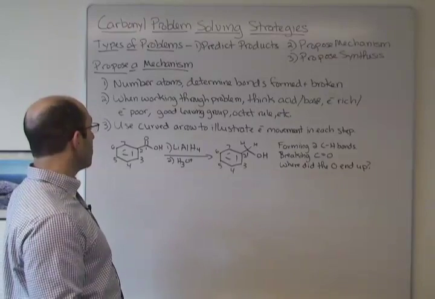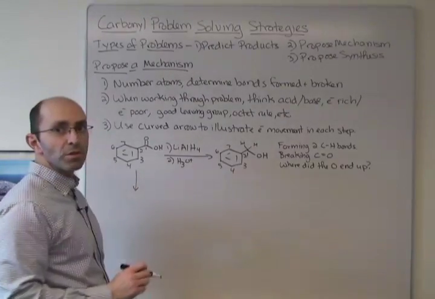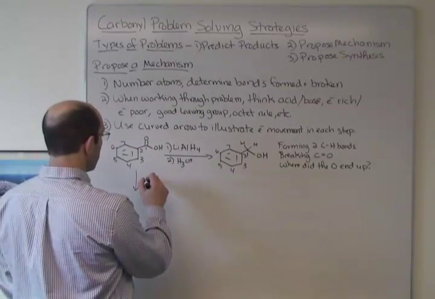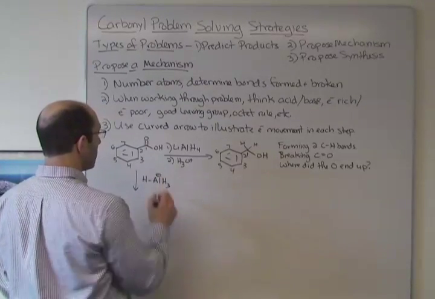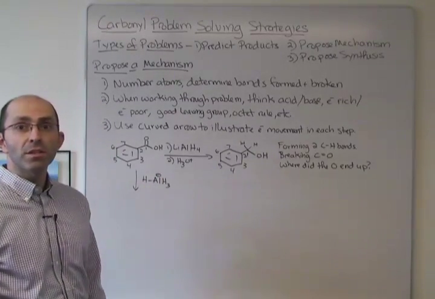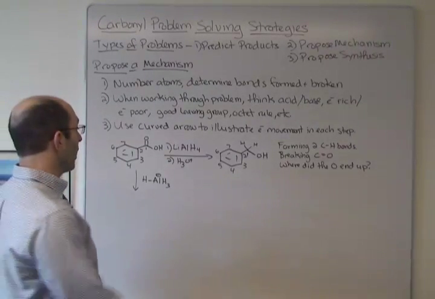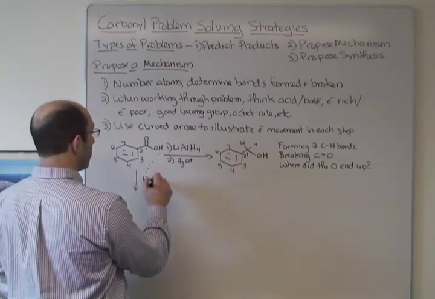Okay, so when we're thinking about this mechanism, again, we need to remember the things that we have listed up here: acid base, good leaving group, octet rule, all that stuff. All right, so the first thing that we should think about is we have a carboxylic acid. Carboxylic acid is always going to look to donate that proton. We have a good base with aluminum hydride, so that's going to be the first thing that will happen.